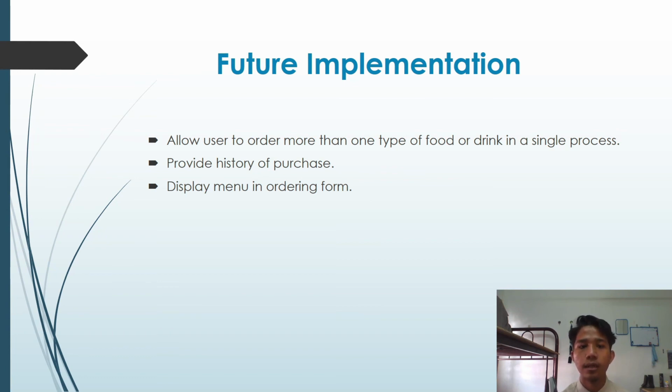Next, our system should also provide a history of purchase, which allows the user to view the previous record of their purchase through our system. Next, our system should display the menu in the ordering form so that the customer doesn't need to go to another page to view the menu before placing their order. It will make their order experience much easier.